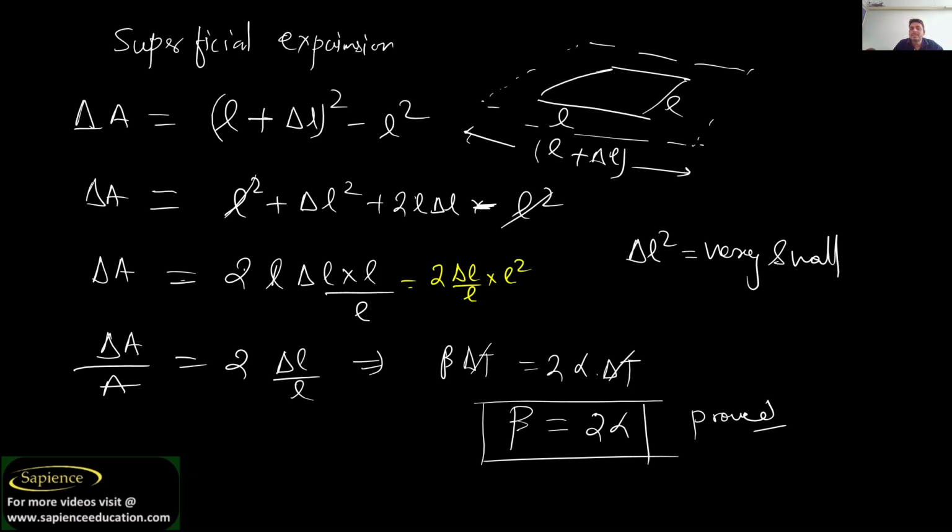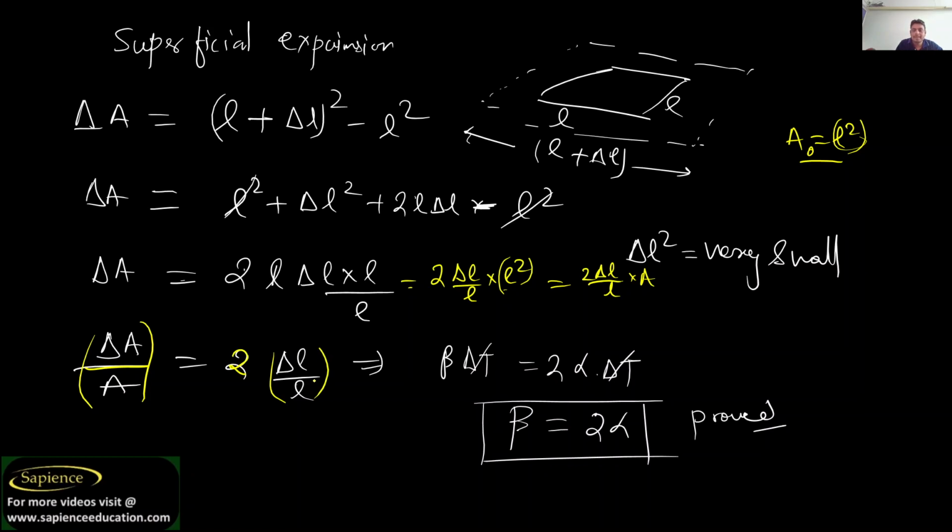Now, we have considered area as L square, that is the initial area. So here area can be written as 2 into change in length by length into area. So can we move this area to the other side? So change in area divided by area is equal to 2 into change in length by original length.